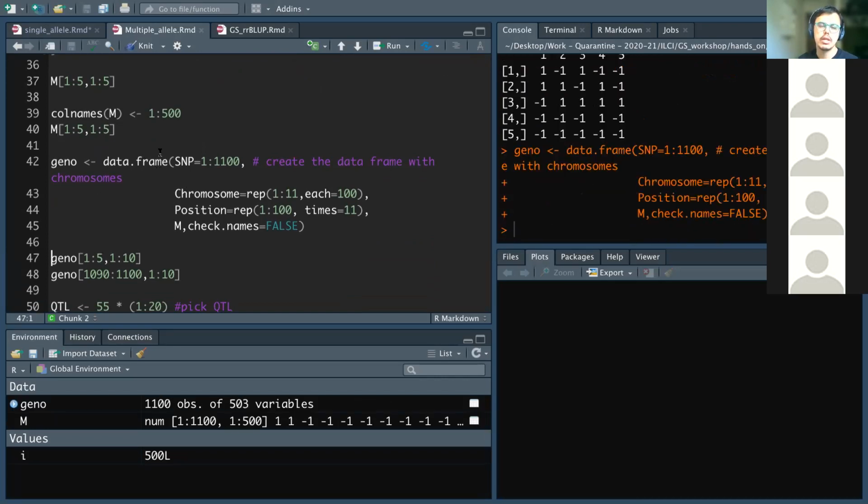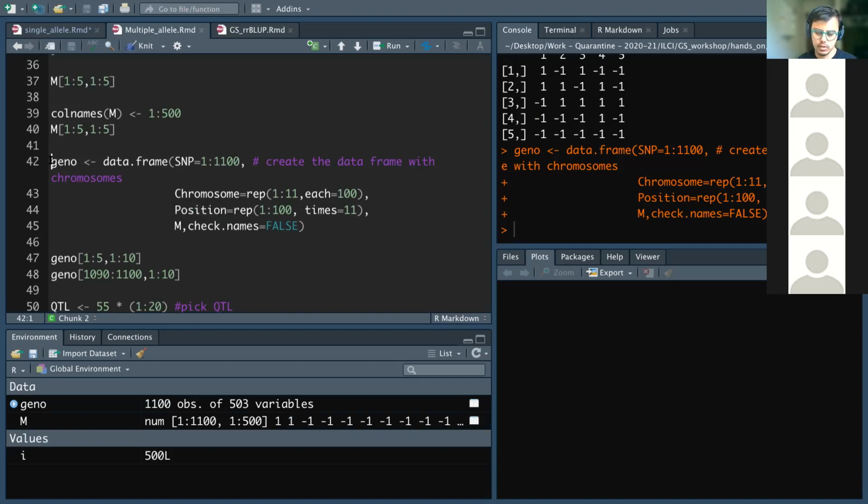And this part, I think it's very interesting maybe for you. With that information we can create a data frame, which is an object in R, where we're going to have columns with information of the SNPs, of the chromosomes, and the genetic position of each single marker, along with the genotype.